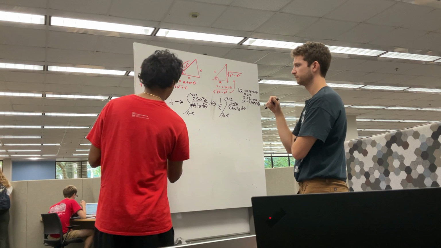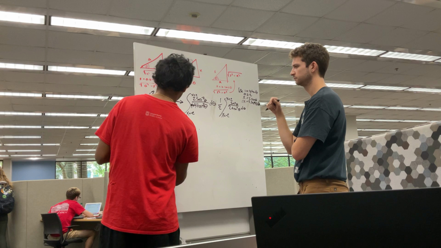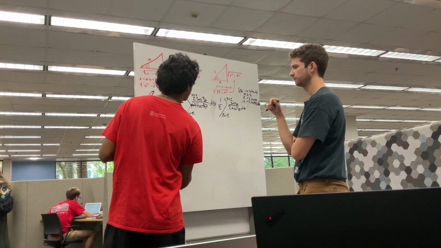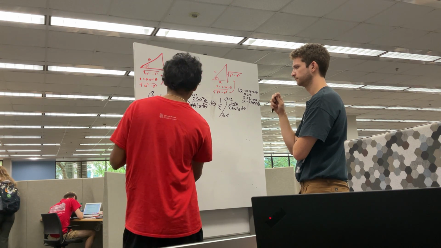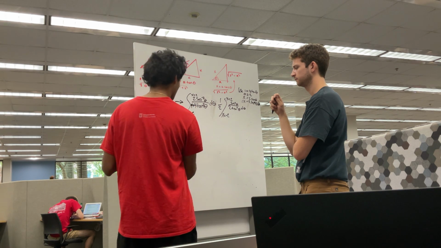I'm gonna avoid the bounds for the purpose of time. This is equal to, I'm gonna take out my 2 from the top.